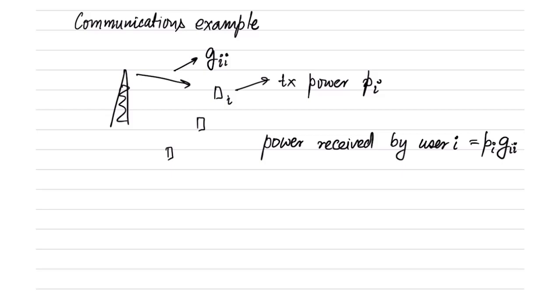And let us say that there is an interference. So whatever power is transmitted to user i, it leaks off and interferes with other users.